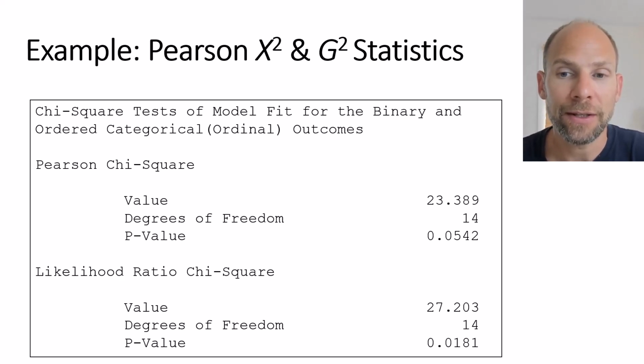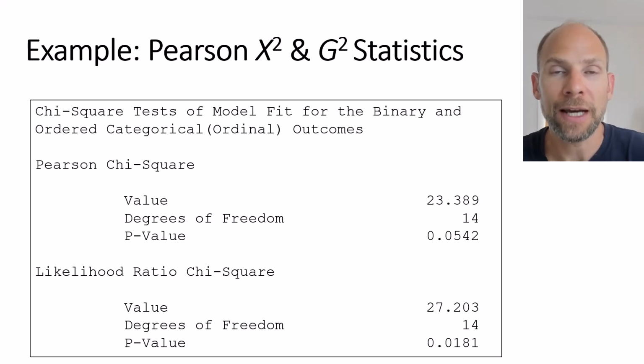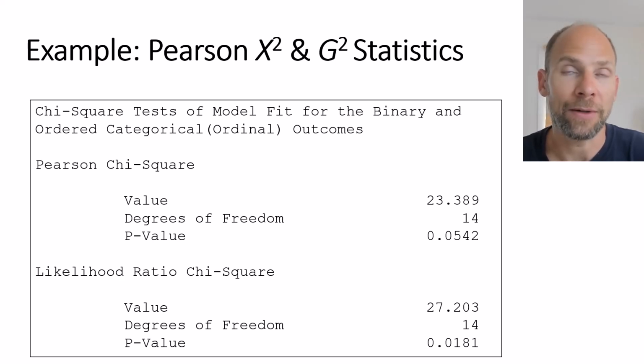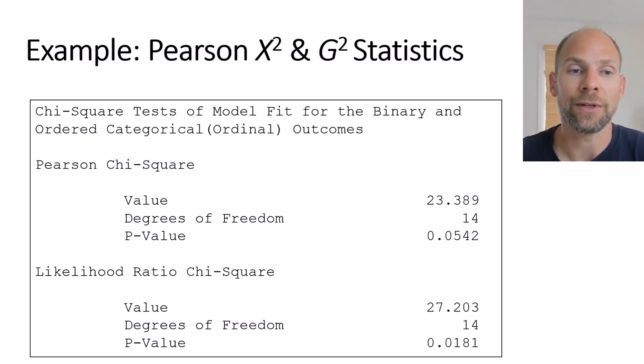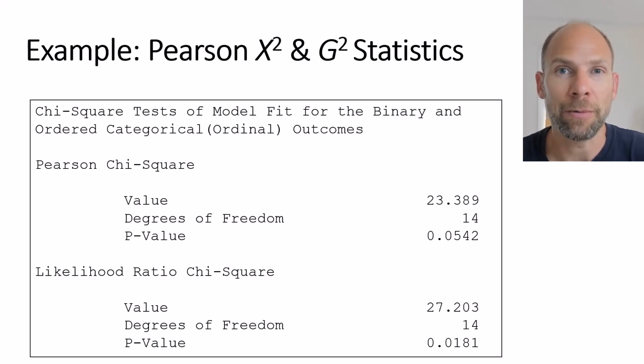You can see the p-value here is 0.0542. So according to the Pearson statistic, we would not have to reject the model, whereas the likelihood ratio statistic has a p-value of 0.0181, which would be significant at the 0.05 level. So according to the likelihood ratio statistic, we would reject the model.